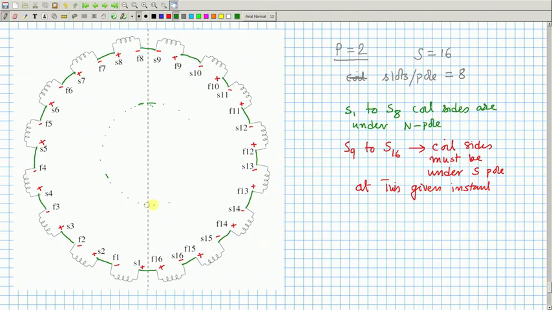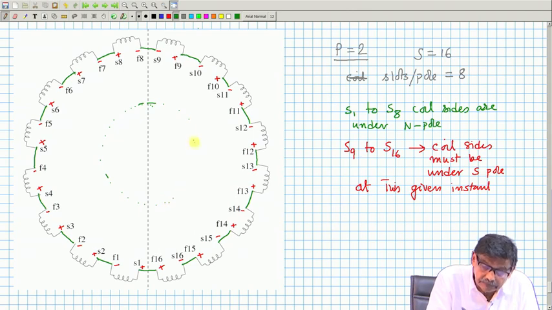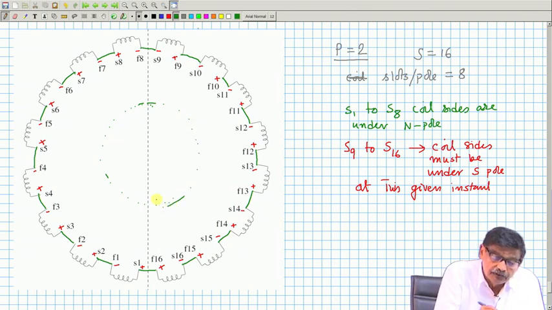Now, from the junctions I will bring out some wires, physically connecting them to this one, and on this side there will be thick copper strips, like that.